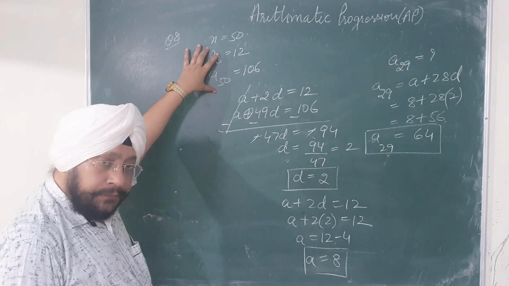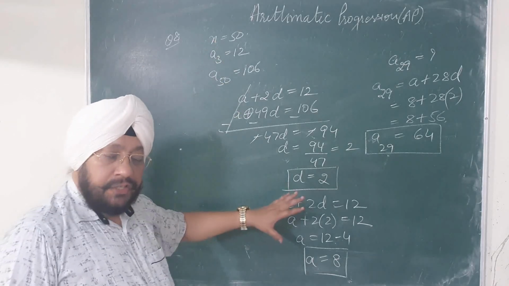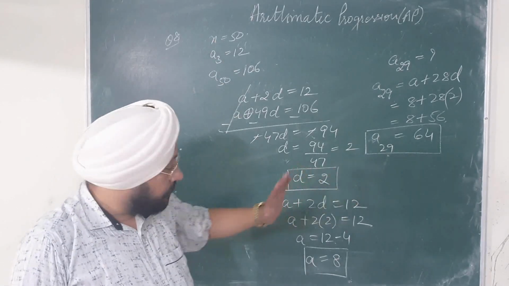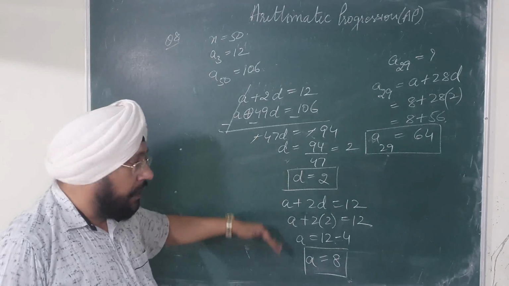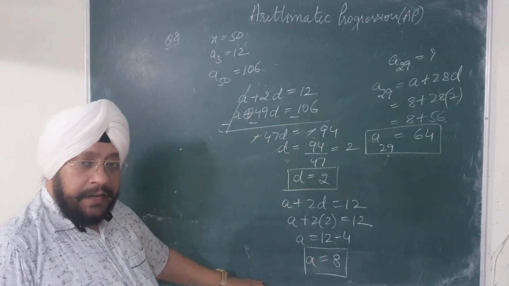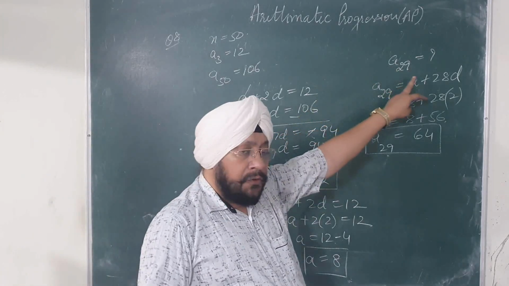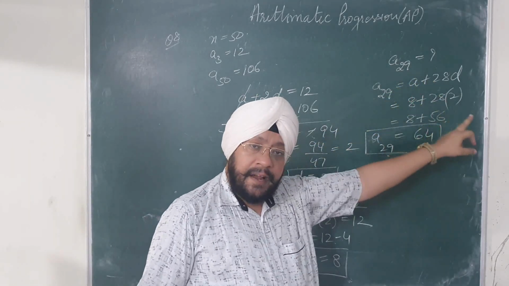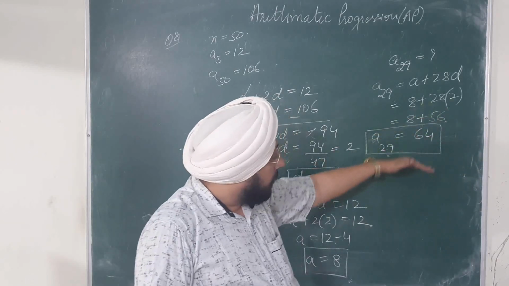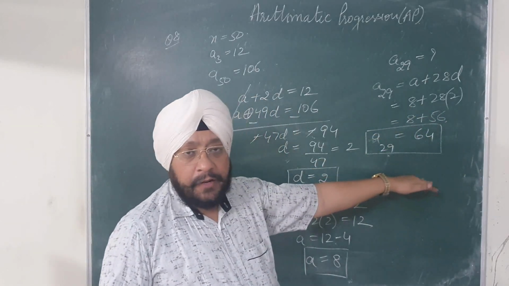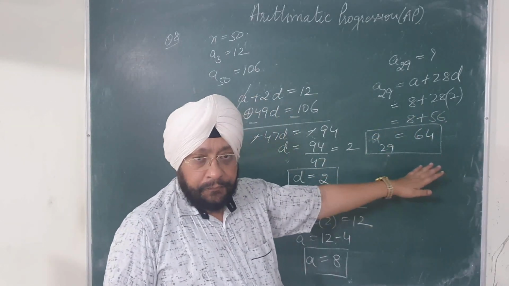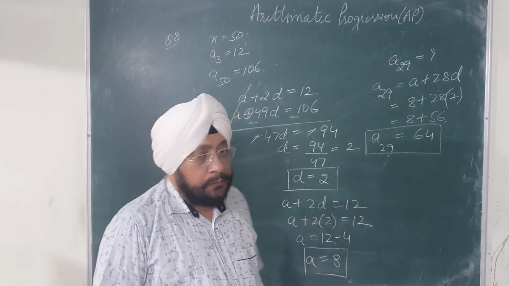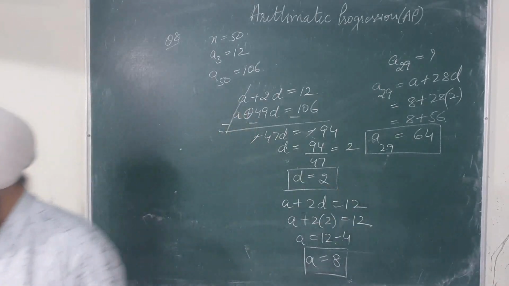Solve by the elimination method or any other method you know, to find the value of a and d. After finding a and d, whatever term you want to find, write the formula for it, substitute the values of a and d, and you are able to find that particular term. Is it clear? So let's come to the next question, question number 9.